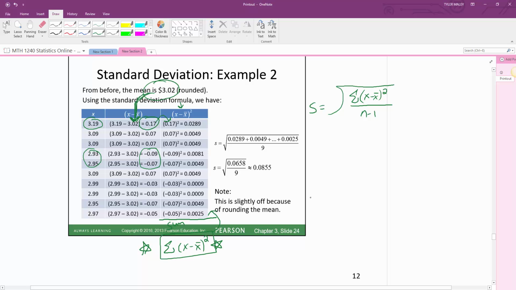That's what this is saying here: note that this is going to be slightly off because of rounding the mean. Doing it this way, you should get this approximation, 0.0855.